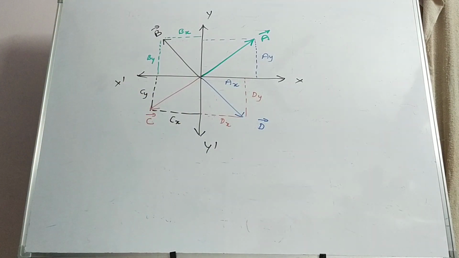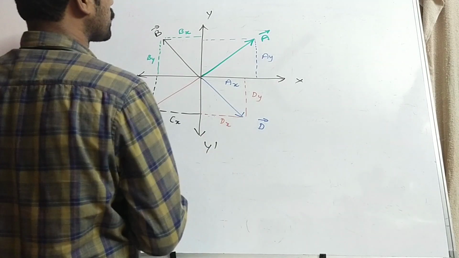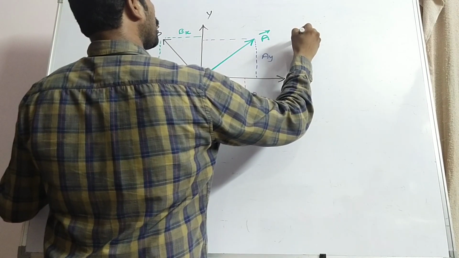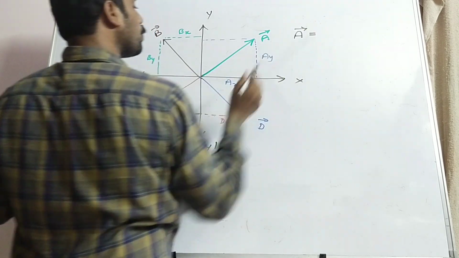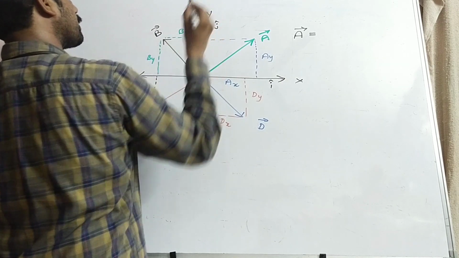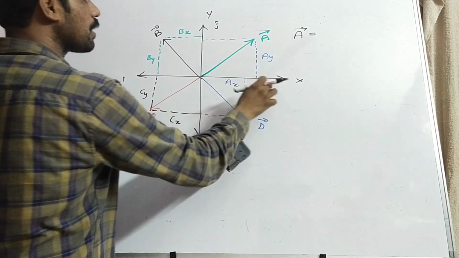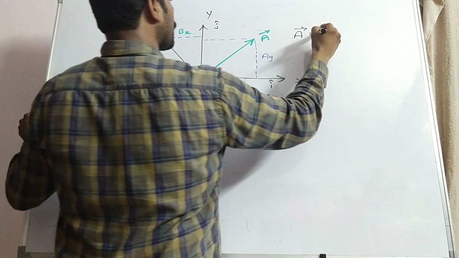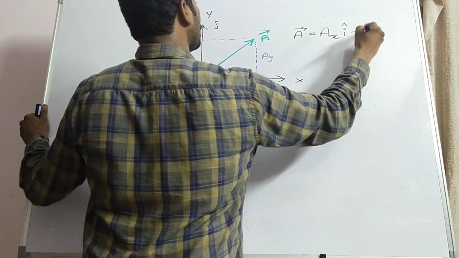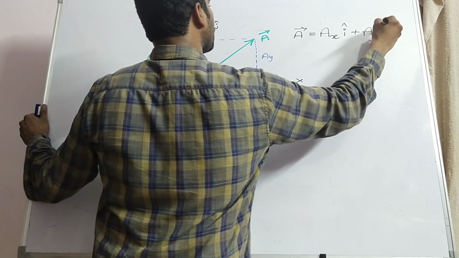Now here there is a vector a bar, which can be written with positive x-axis i cap, positive y-axis j cap. So the vector can be written as ax i cap plus ay j cap.